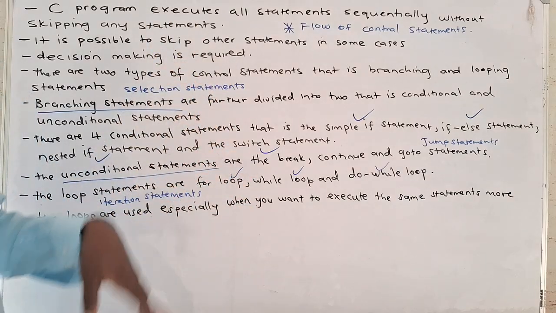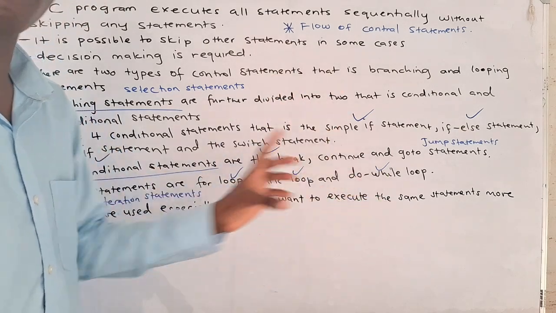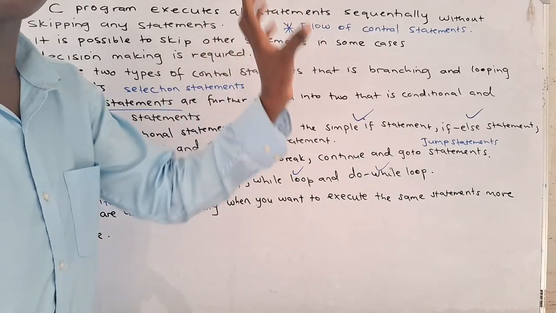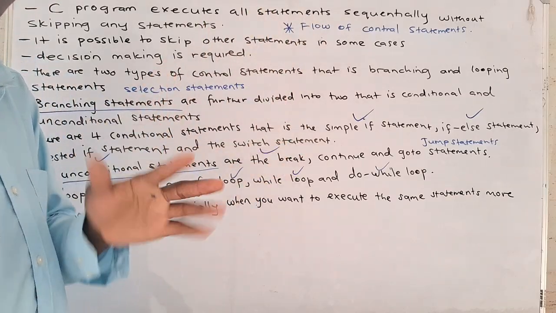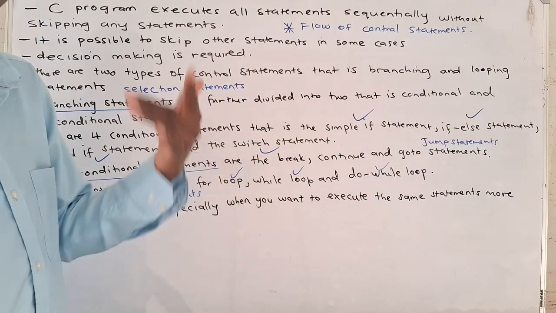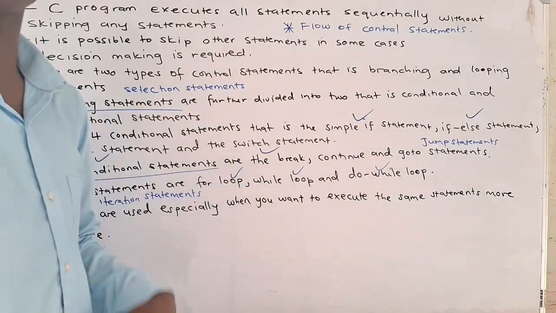I want to execute the same statement a number of times, for example printing "I am here" 5 times. You can use a for loop, a while loop, or a do while loop.